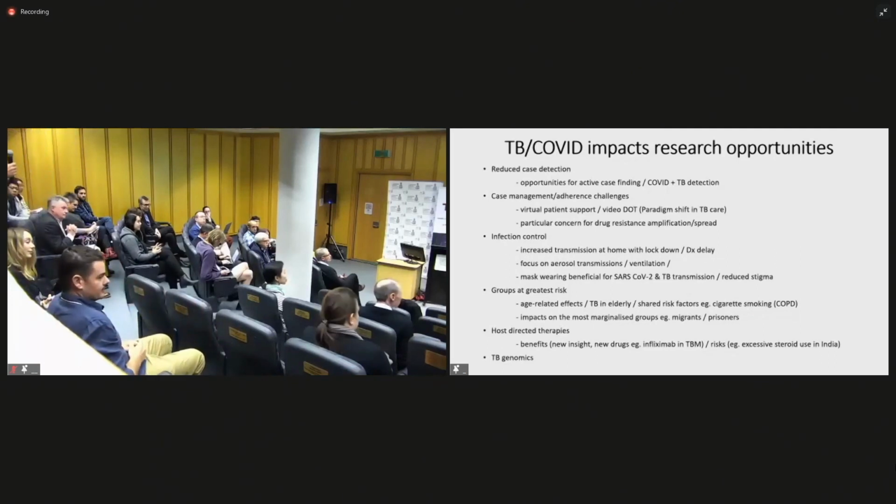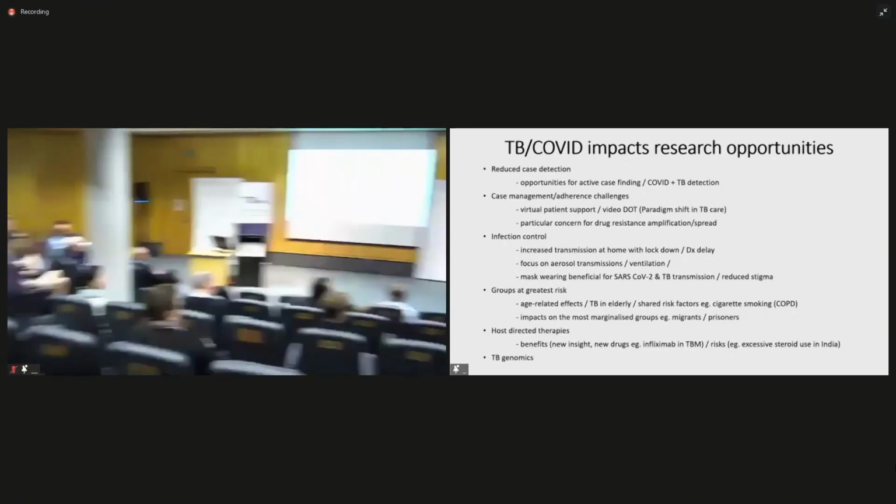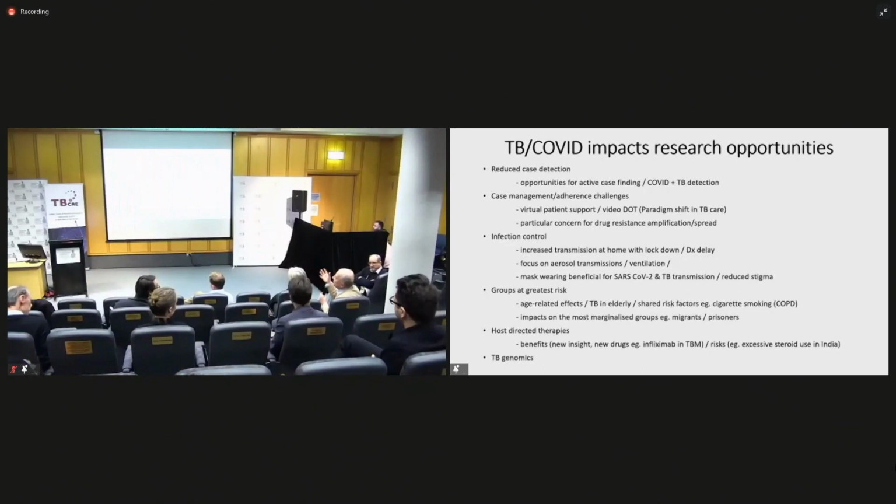Just very briefly reflecting on comments from Stephen and others, I think we're converging on synergies between these two diseases and the potential to utilize capacity that CRE and others have built for TB in learning about COVID and the impact of COVID on TB and the other way around. And in a way, you can treat the TB population as a sentinel in this setting.